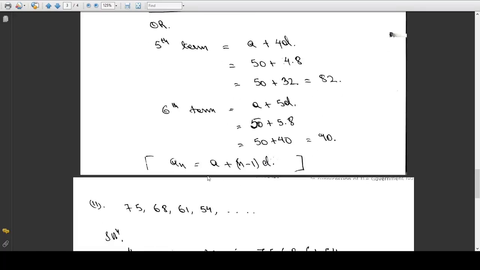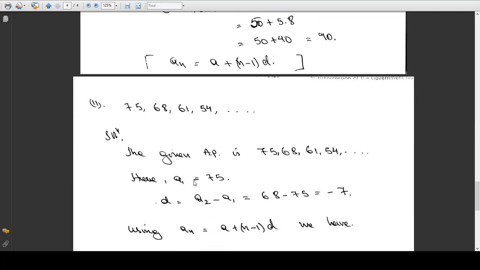Now here, as we are finding the fifth term, a5 will be a plus (5 minus 1)d. 5 minus 1 is 4d, isn't it? We are using this formula to find the term. But as I've told you earlier, for the first few terms you need not remember this formula. You can simply add the common difference to the last term to get the next term.